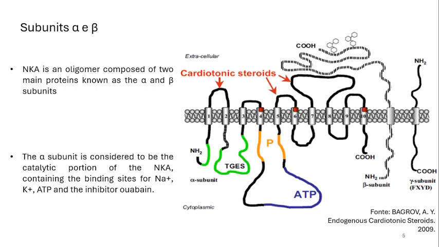Basically, the sodium pump has two different subunits, the alpha and the beta. The most studied subunit is the alpha because it's the catalytic part of the enzyme.